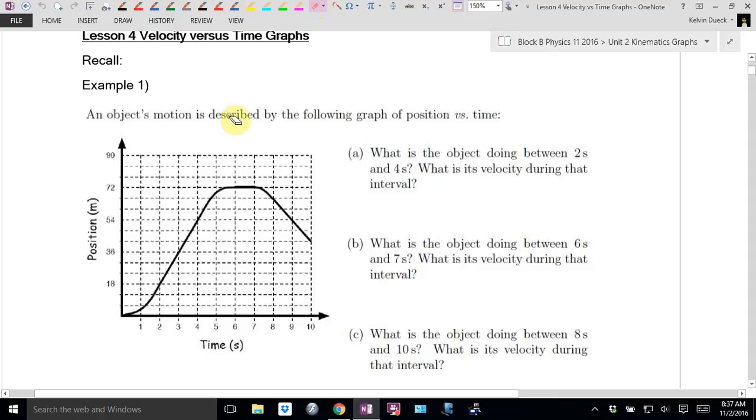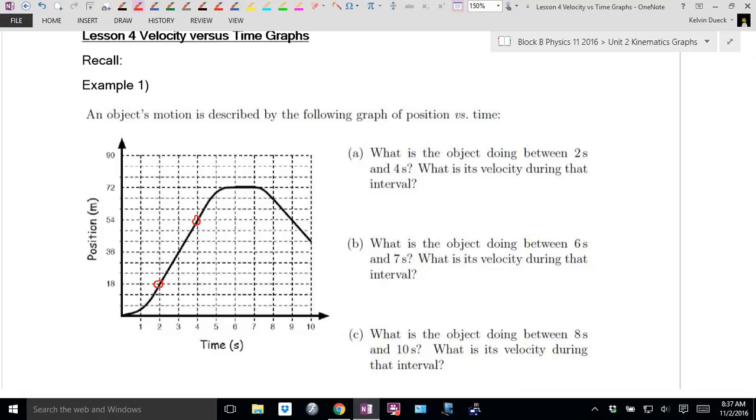It says an object's motion is described by the following graph of position versus time. What's the object doing between 2 seconds and 4 seconds? So between 2 seconds, which is right there, and 4 seconds, right there. What's it doing? Forward? Speeding up or slowing down, or constant speed? How can you tell constant speed? If it was speeding up or slowing down, what would you see?